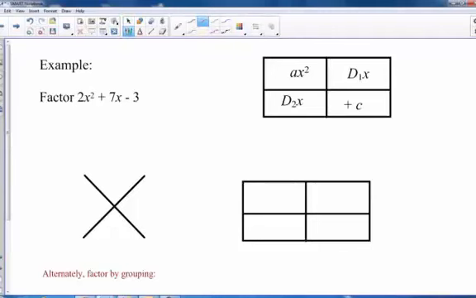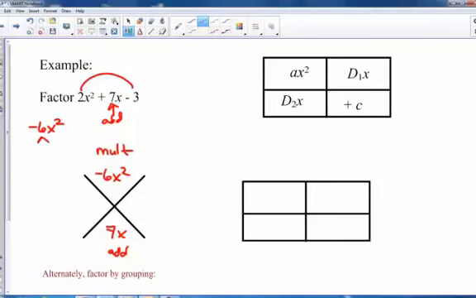Okay, this one, we're going to multiply the first times the last. That's a negative 6x squared. Has to multiply to give you that, and has to add to give you 7x. Okay, so negative 6x squared, one has to be a positive and one has to be a negative.